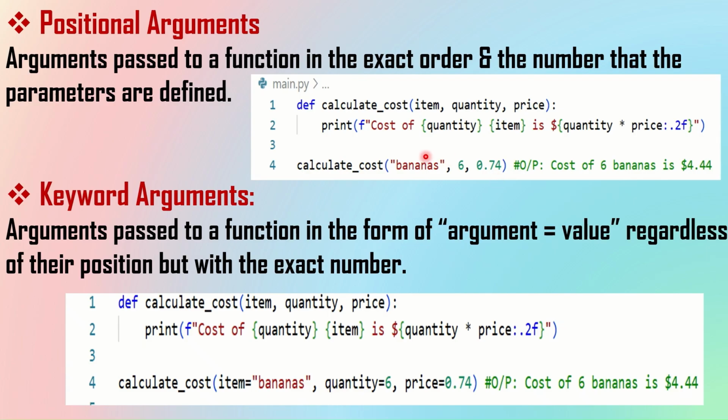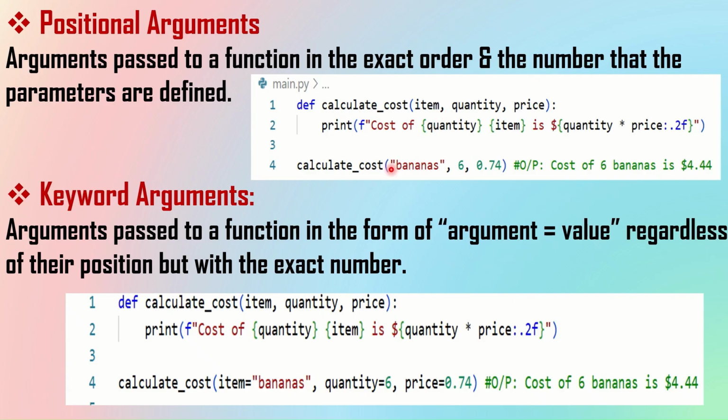So in positional arguments, we need to exactly follow the order and the number of parameters defined in the function definition while making a function call. Let's say suppose you don't pass the right number of parameters, or you don't follow the same sequence, then what will happen? Suppose I have to define item first, right?